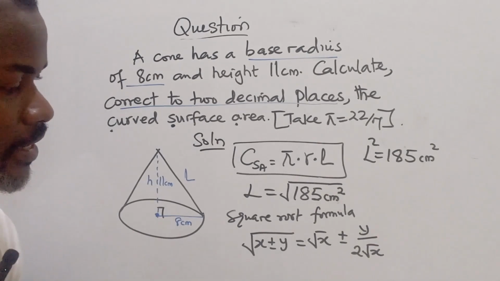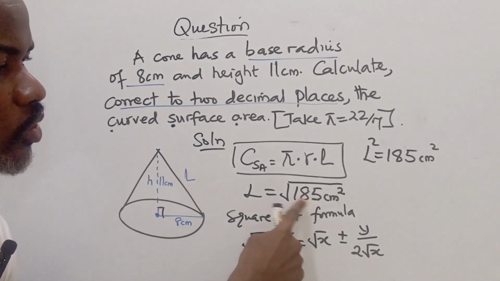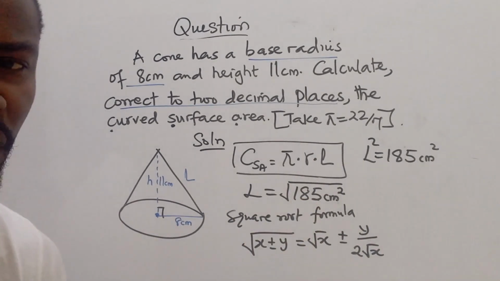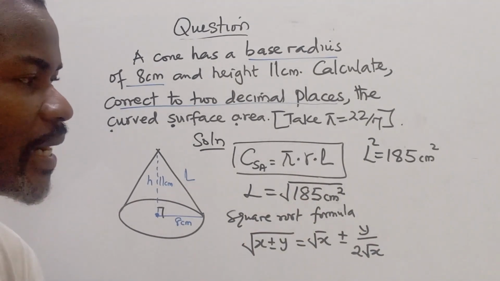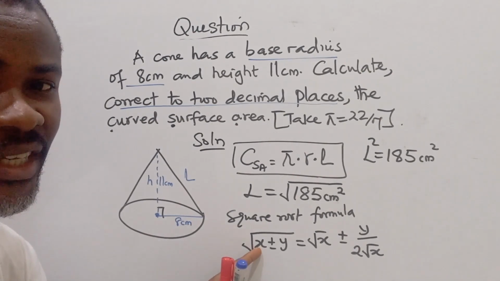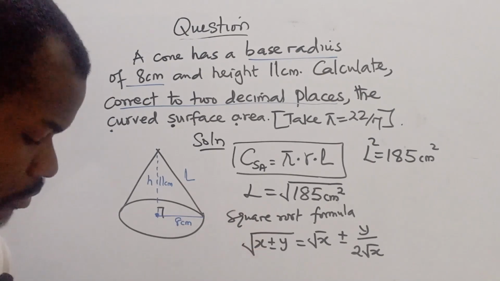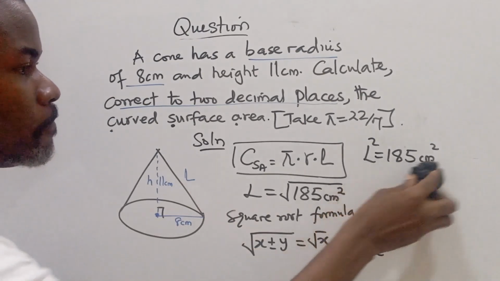Now x here must be a perfect square. So for 185, what number is very close to 185 that is a perfect square? That's the question.